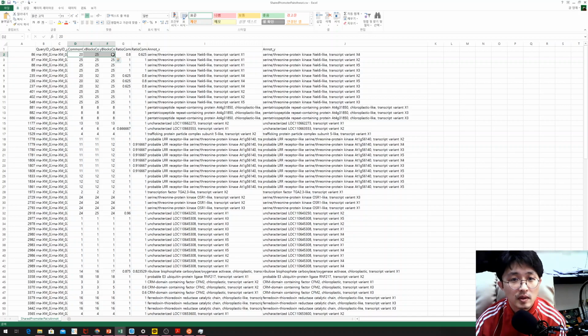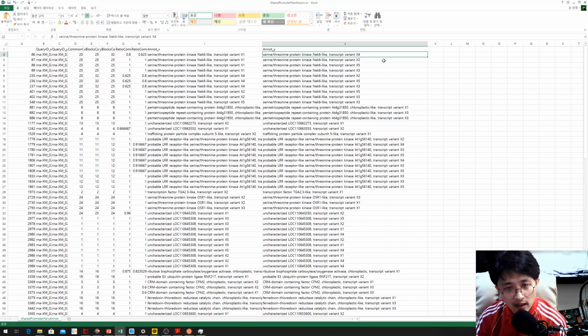So if this number one starts at the thousand position, but another transcription variant starts at 999, then this 999 start position doesn't contain a certain promoter sequence, right?